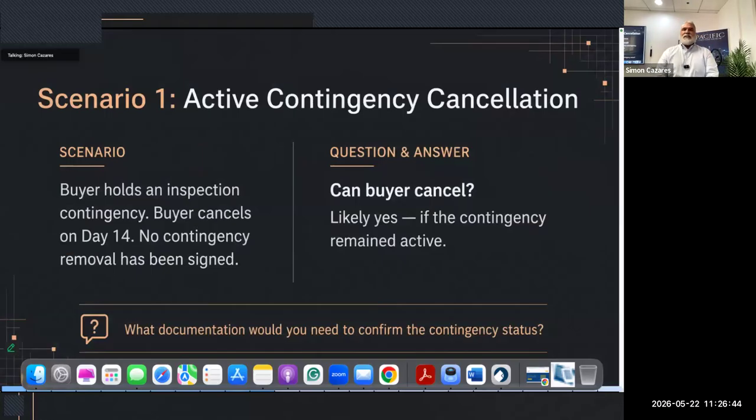All right, scenario, active contingency cancellations. Buyer holds an inspection contingency, buyer cancels on day 14. No contingency has been signed. Can a buyer cancel? Likely, yes, if the contingency remains active. Okay, remember, contingencies are like walls. This is the buyer's deposit.